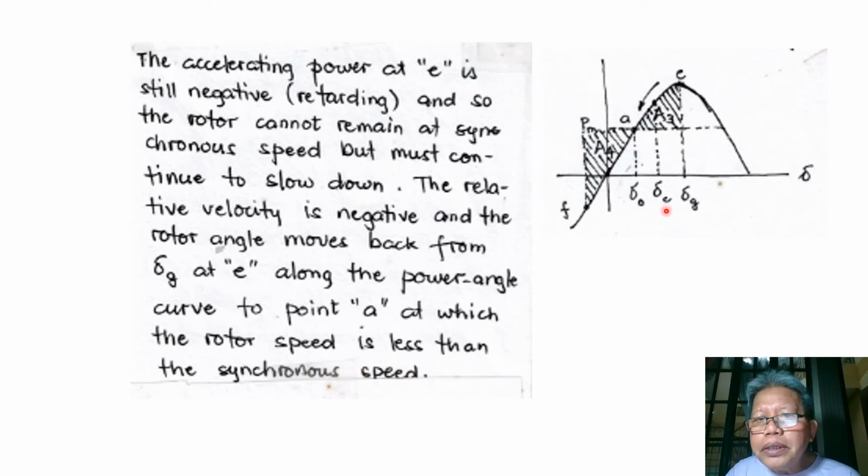So from E, because the retarding torque is negative, it causes the rotor to slow down. The electrical power decreases from E and moves towards A, at which point the speed of the rotor is less than the synchronous speed; the synchronous speed occurs at point E.